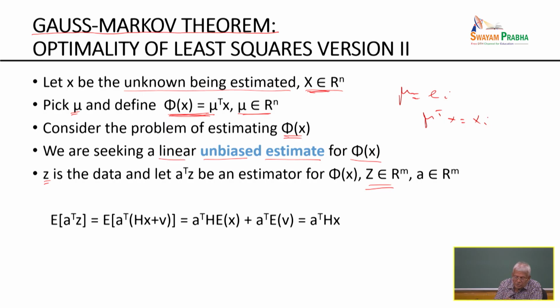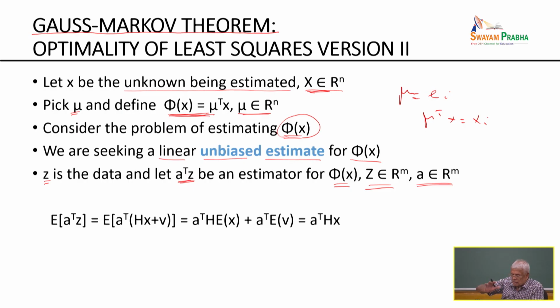So I am going to use z. z is a vector, and I want to estimate the real number using a vector. That means the first idea is to convert the vector into a scalar. Therefore, I am going to pick a vector A in Rm. I am going to consider the inner product A transpose z to be an estimator of phi of x.